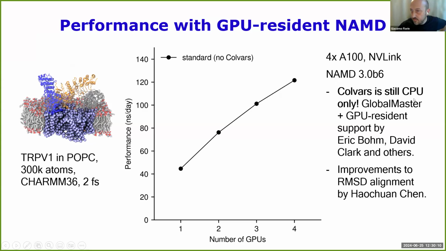And Colvars is, of course, computed on CPU. A recent feature was added by people in the NAMD team, primarily Eric, with some technical help from David and other people that contribute various pieces of code. And also here I'm showing an example with the Colvars being computed using another NAMD function, which was recently improved by Haochuan, who has contributed a lot of code to Colvars and is also a member of the NAMD team. So this is what you get.